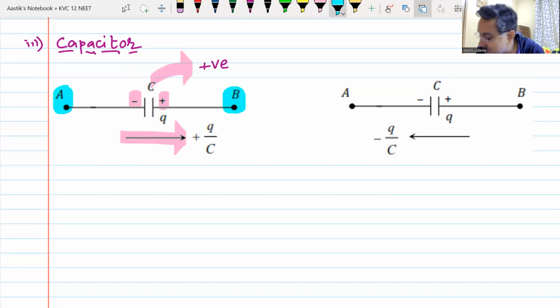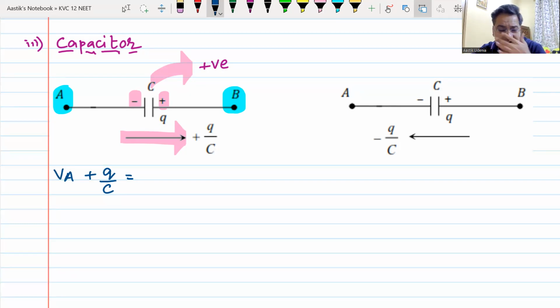Again, I come to the same scenario. Can you write the equation, sir? The trend is lower to higher. VA, potential rises, so plus Q by C, remember Q is equal to CV.